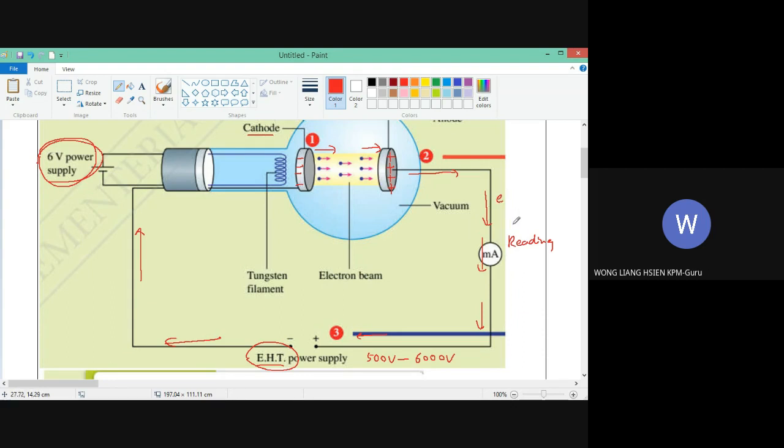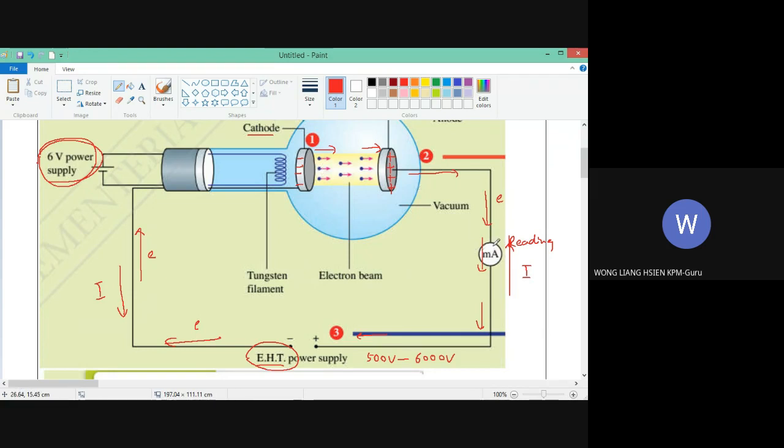So the current is in the opposite direction. This is the flow of electrons, so the current is in the opposite direction. So when connected like this, a current can flow.